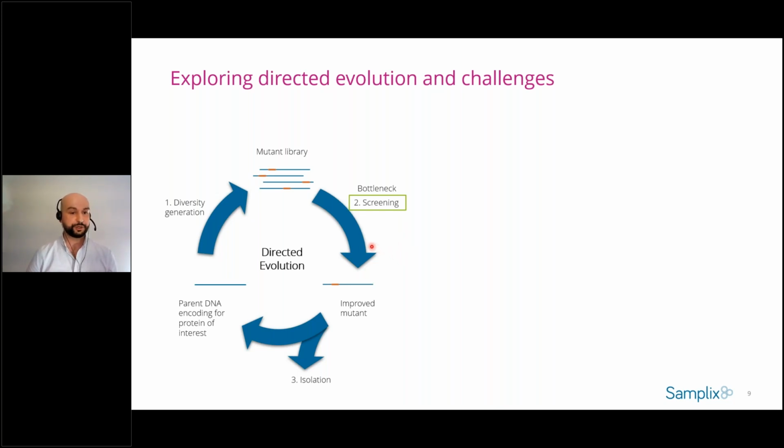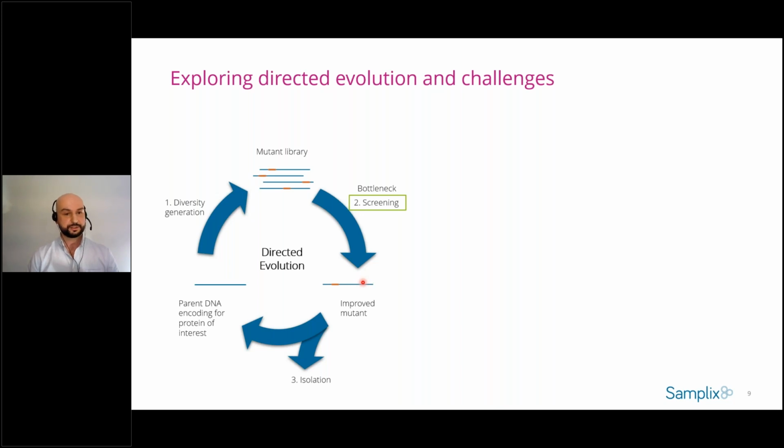So after screening and identifying the improved or beneficial variant, either these variants can be isolated when a satisfactory improvement is reached, or iterative cycles can be performed by starting a new round based on the mutated variant before. So the bottleneck in directed evolution is the screening.